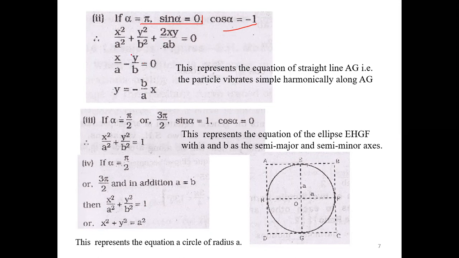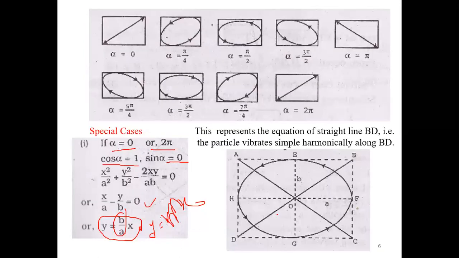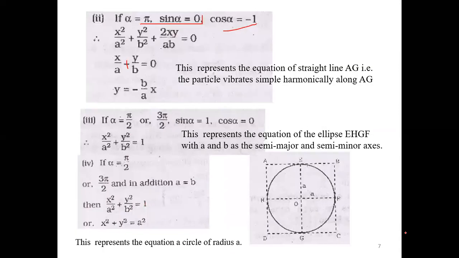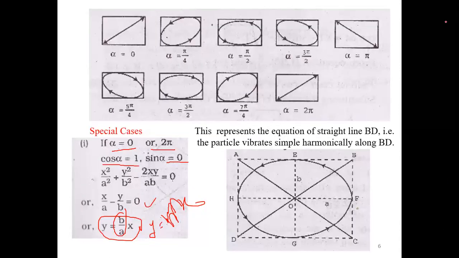So y will be minus b by a into x. This also represents a straight line. However, this straight line will be along AG, since the slope of the line is different, like this one.